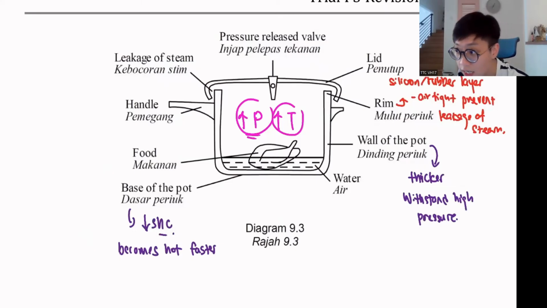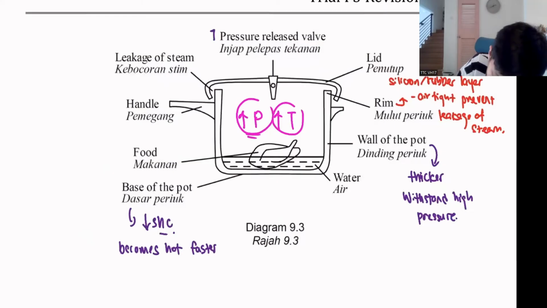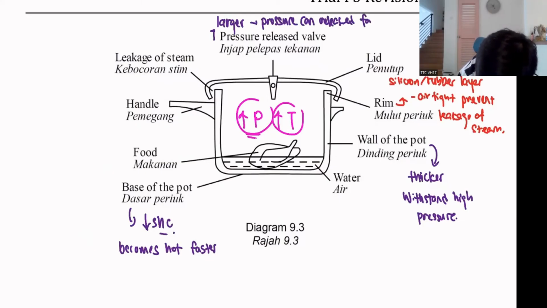We can say a larger pressure release valve, so that the pressure can be released faster before opening the lid.